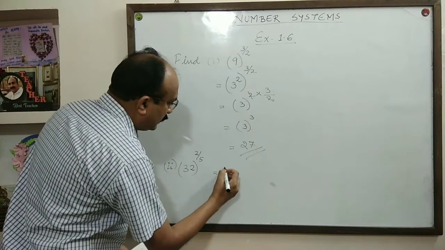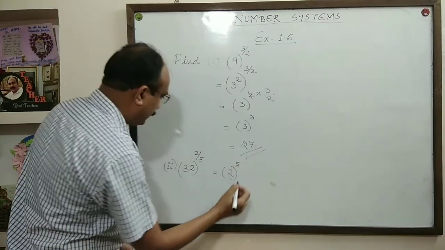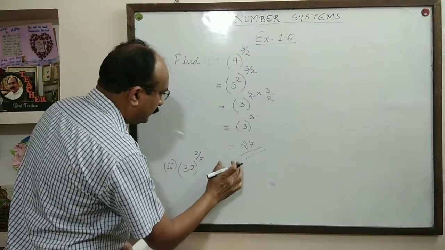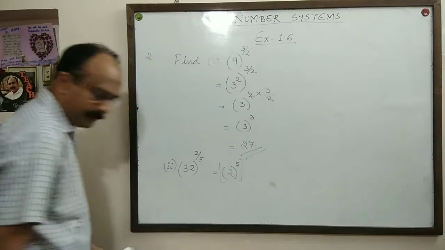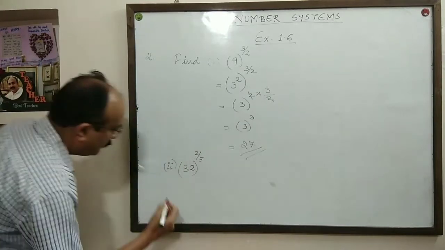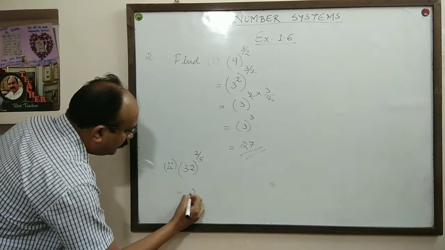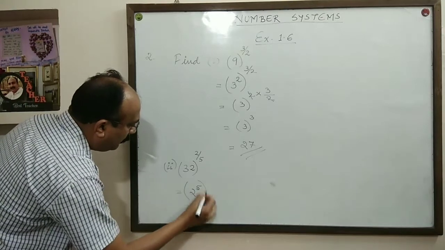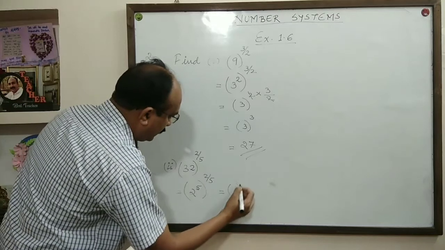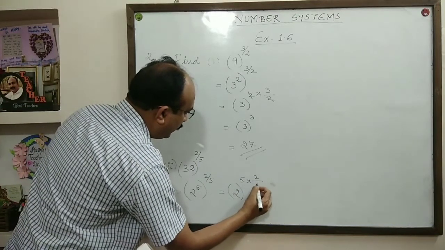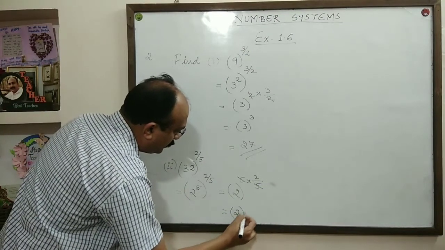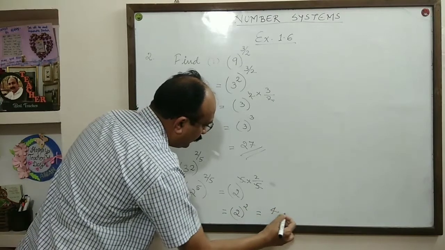So it is 2 power 5, the whole power 2 upon 5, which is equal to 2 power 5 into 2 upon 5. 5 and 5 got cancelled. Is equal to 2 power 2, which is equal to 4.